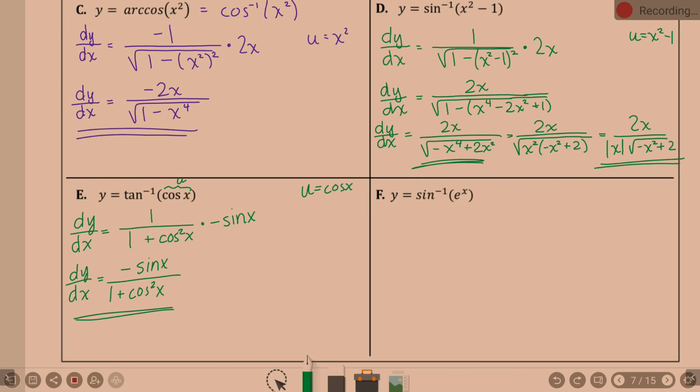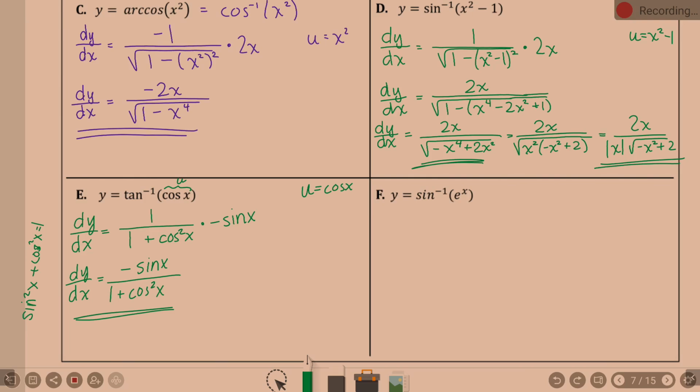I'm not sure which way you meant that, Caitlin, but it can't be sine squared x because it's off by a negative. Are you thinking Pythagorean identity here? The Pythagorean identity you're thinking of is sine squared x plus cosine squared x equals 1. And so this would have to be 1 minus sine squared x, or 1 minus cosine squared x for us to replace it with sine squared.